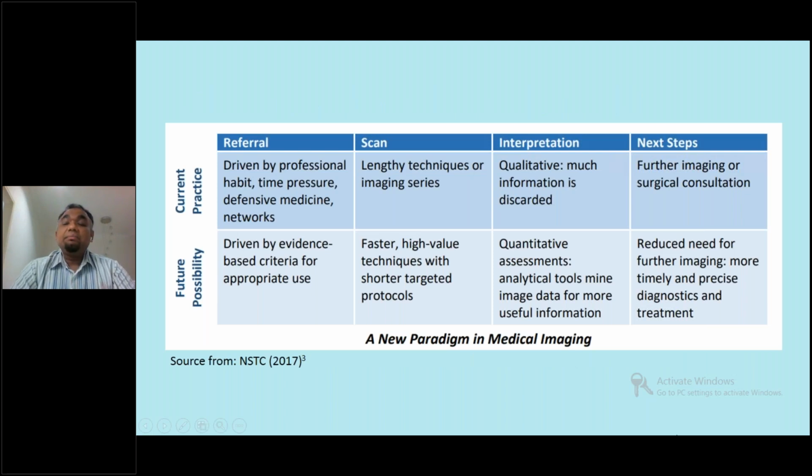So the paradigm in medical imaging will move from the current one to future possibilities. At the moment, all our current practice is driven by professional habit, time pressure, defensive medicine, and networks.